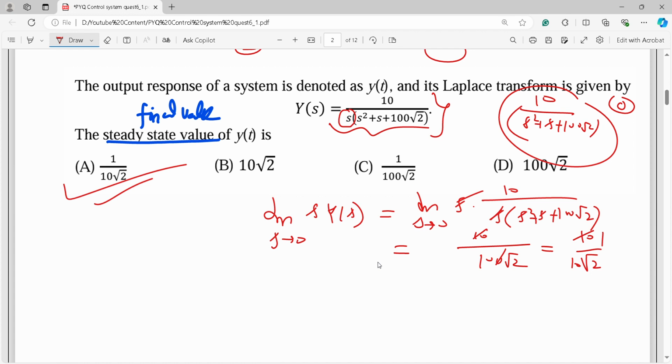We also understood how the final value depends on the type of the system, whether it is type 0, type 1, type 2 and so on. So if it is type 0, the final value is always 0, and for type 1 we get some finite final value. Okay, if it is type 2 or higher, then the final value is always infinite. Okay, so like that we can understand the system and solve this problem.